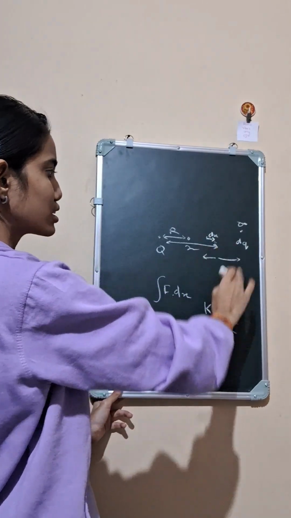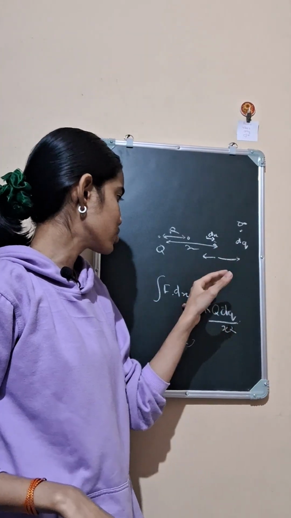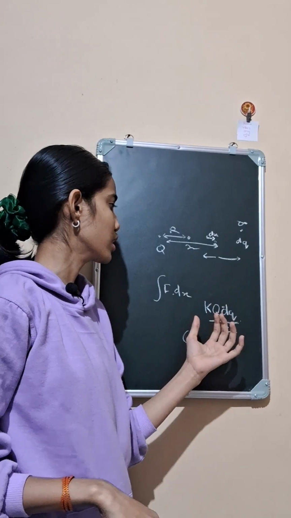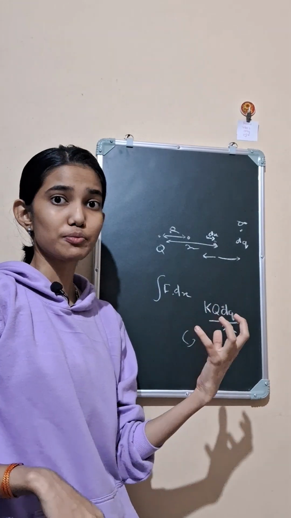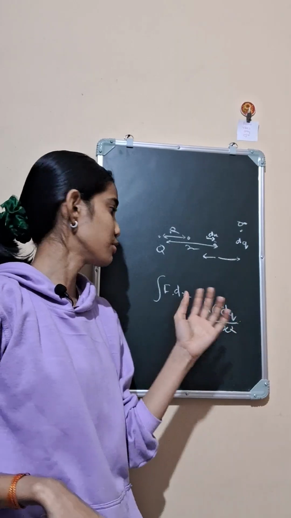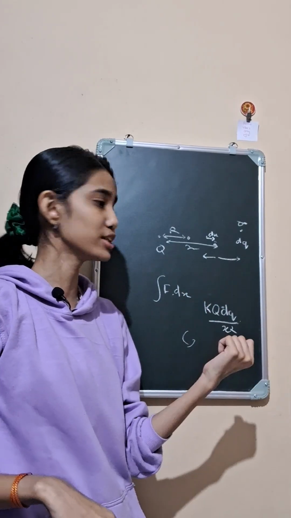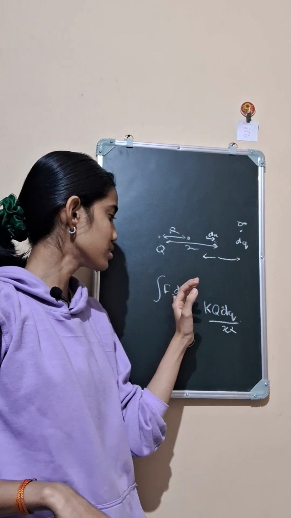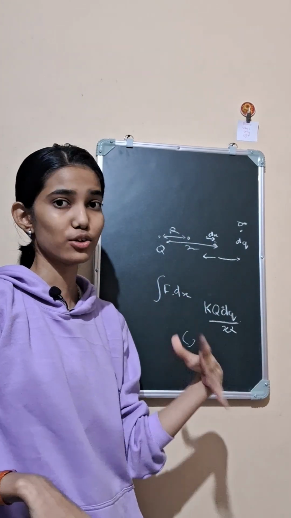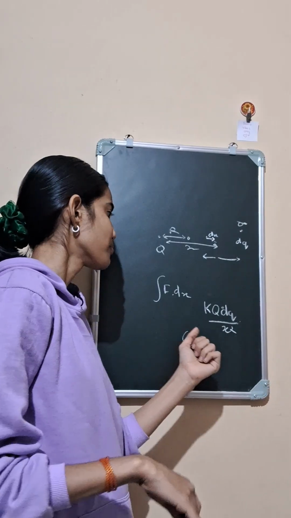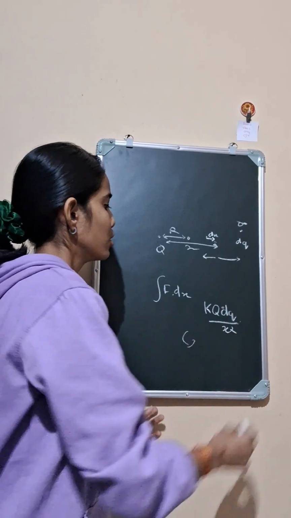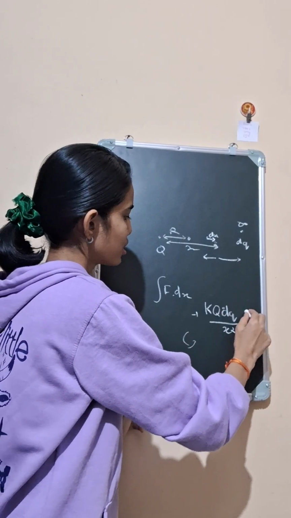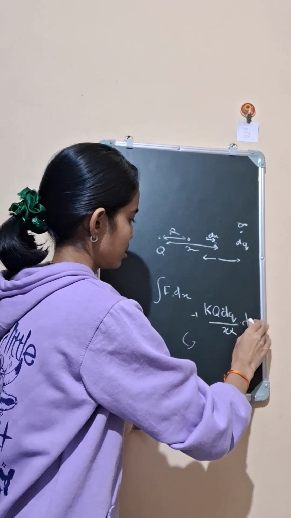So we can say that the angle between the force and the displacement will be 180 degrees. So here we are going to take the dot product. We know that the dot product of force with displacement is work done. Dot product means these two things multiplied with cos of the angle between them. So cos 180 is -1. So we will get a -1 sign in front of it multiplied with dx, right?